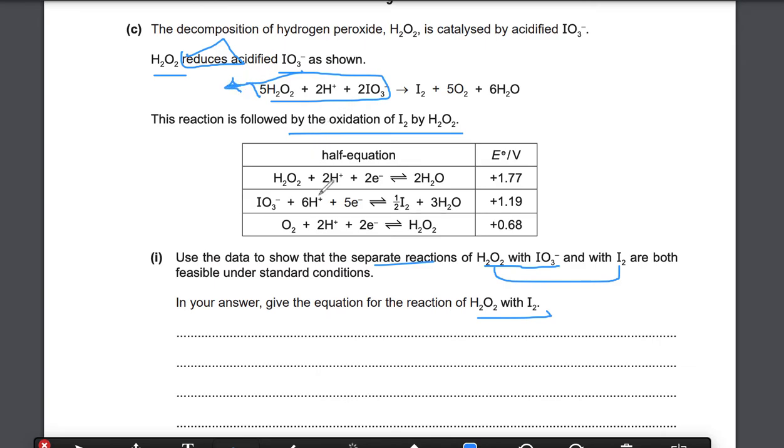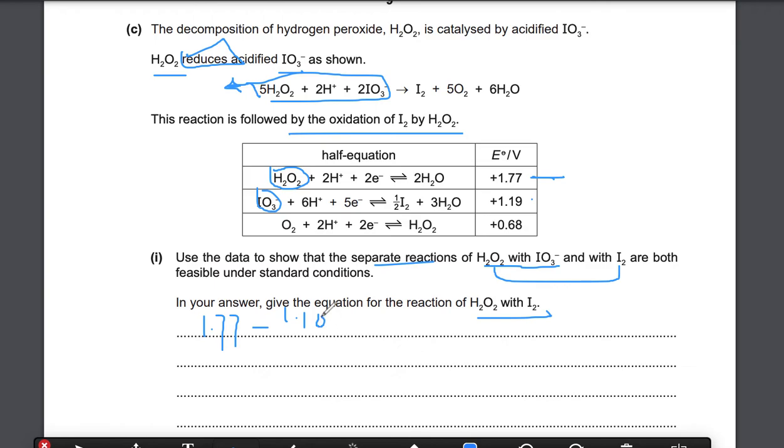So it's H2O2 plus 2H, which gives us plus 1.77. Now we need this IO3 minus to be one of the reactants. So these two are reactants, and when we form the final equation, we need to subtract 1.77 and 1.19. Why do we do that?